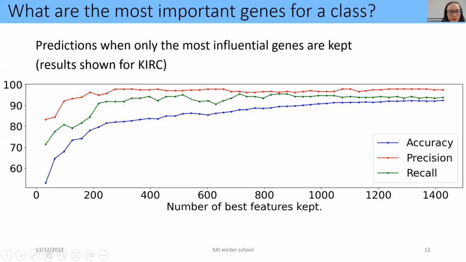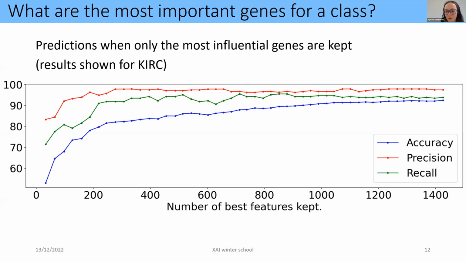And the recall is saying, if I have a Kirk sample, am I classifying it correctly? And with these both curves, we see the same trend. So let's say, okay, we should keep 500 features for each class and study them.